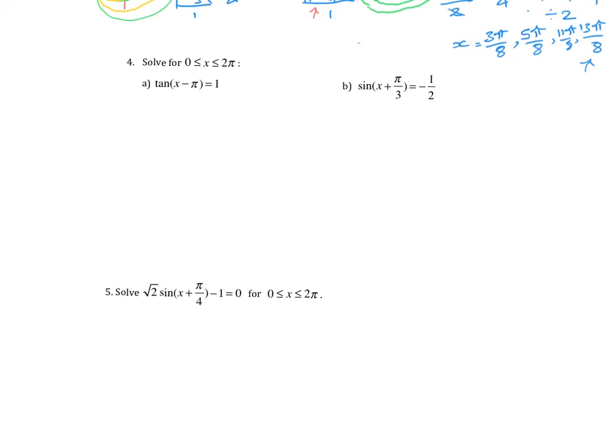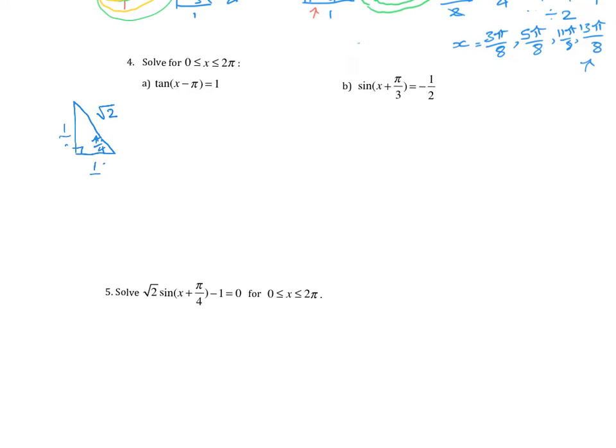If not, you can consider both exact value triangles and realize that for the pi on 4 one, 1, 1, root 2, the fact that these two sides are the same, it means tan of pi on 4 is 1 over 1, which is just 1.